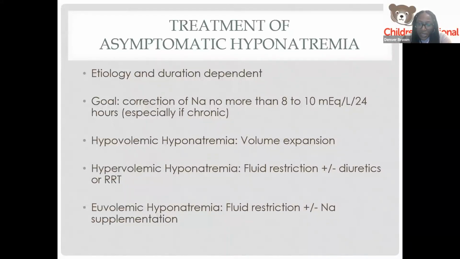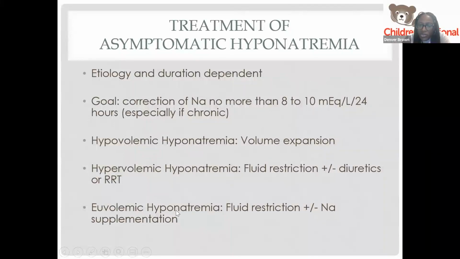In our hypervolemic hyponatremic patients, an example of this again would be a nephrotic syndrome patient. You can think about fluid restriction, so they're not taking in so much water, as well as using diuretics. In very severe cases like renal failure, then we need to do fluid removal by renal replacement therapy, or RRT, in order to correct that serum sodium.